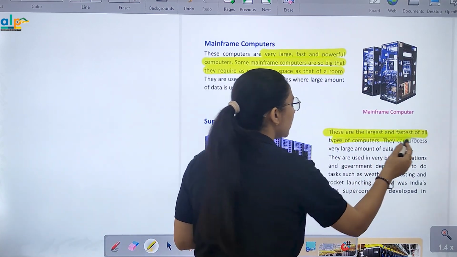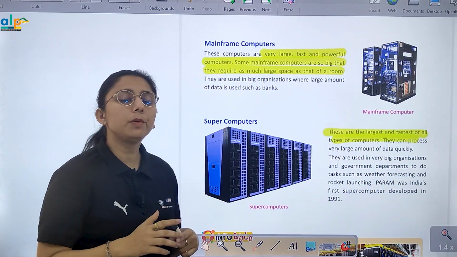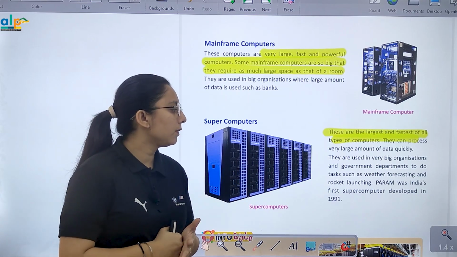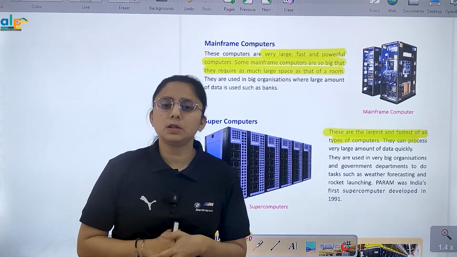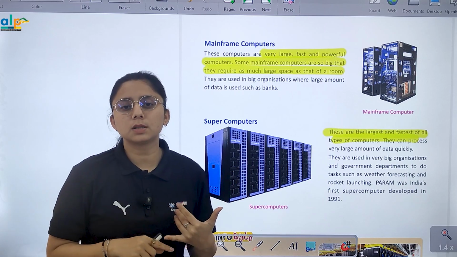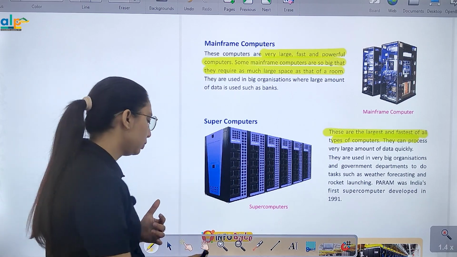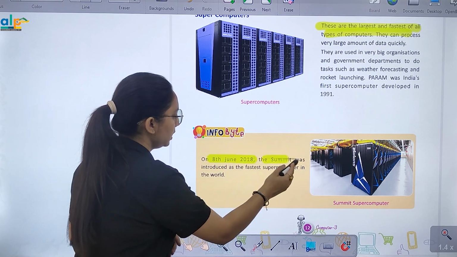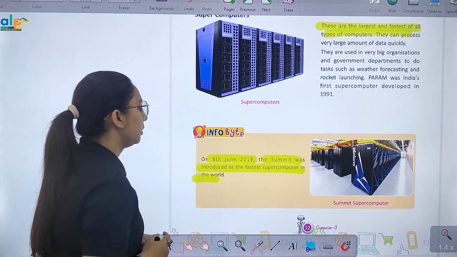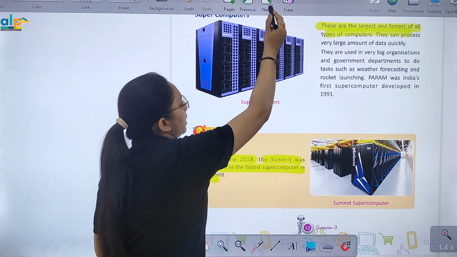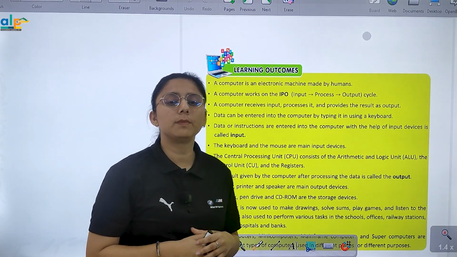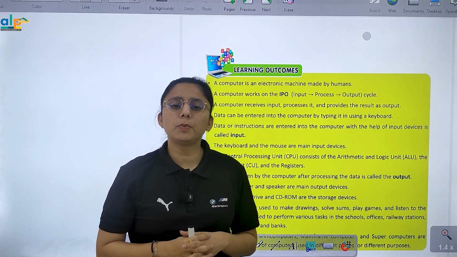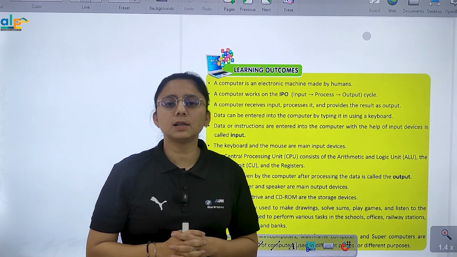These are the largest and fastest type of computer. ये बहुत बड़े डाटा को, very large डाटा को प्रोसेस करते हैं फास्टली and they are used in very big organizations. ये आपके वेदर फोरकास्टिंग, सैटेलाइट, डिफेंस में इनका यूज किया जाता है, राइट. So on 8th June 2018, Summit was introduced, the first supercomputer in the world. समिट जो है वो पहला सुपर कंप्यूटर था जो हमने यूज किया, राइट. This is all about this chapter. Hope you understood. Now we will meet in the next class. Thank you.